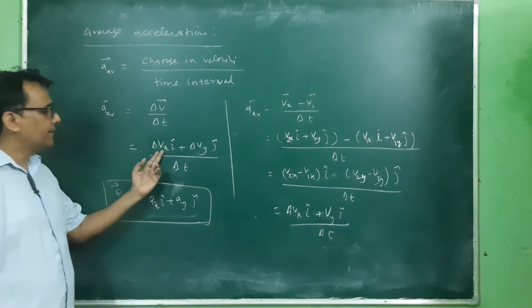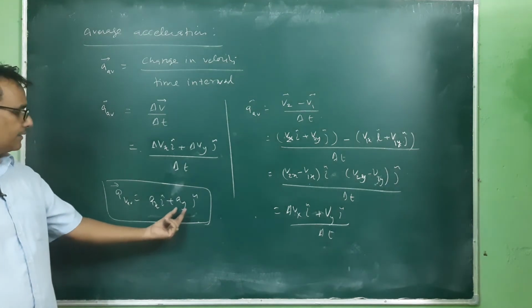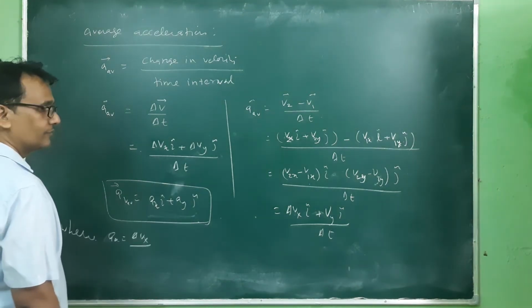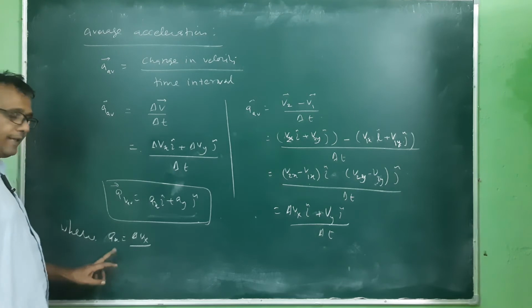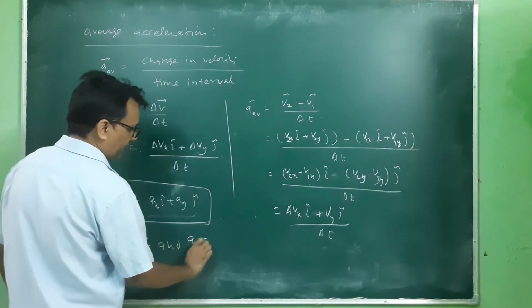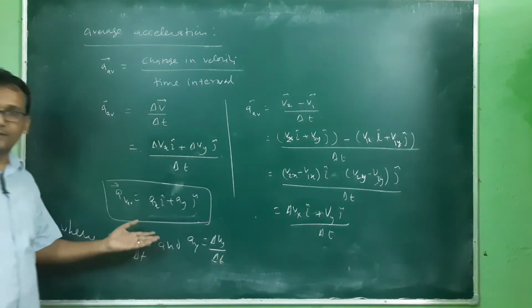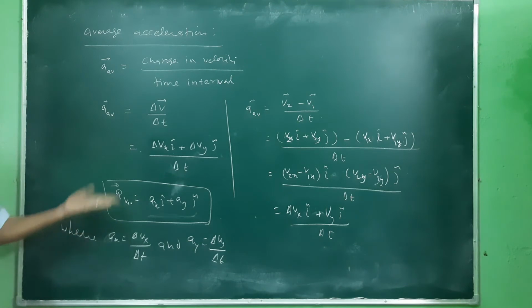Directly you can write delta vx by delta t is ax and delta vy by delta t is ay. So this ax is equal to delta vx by delta t. Clear?